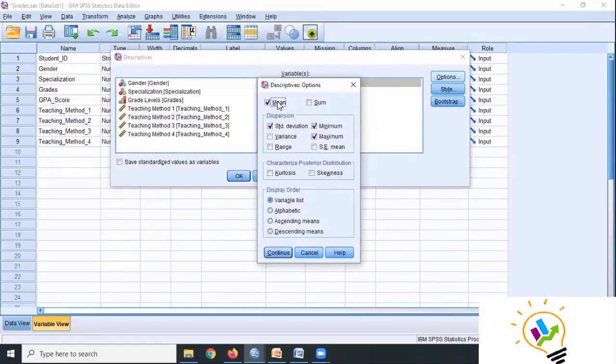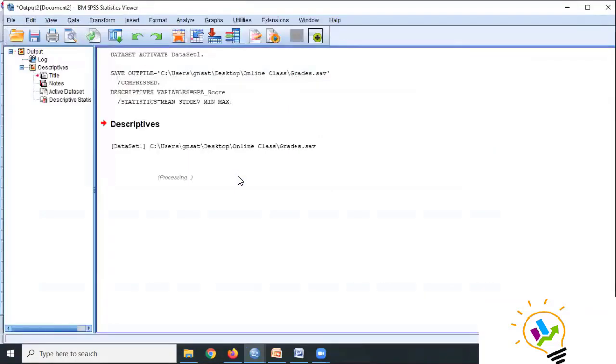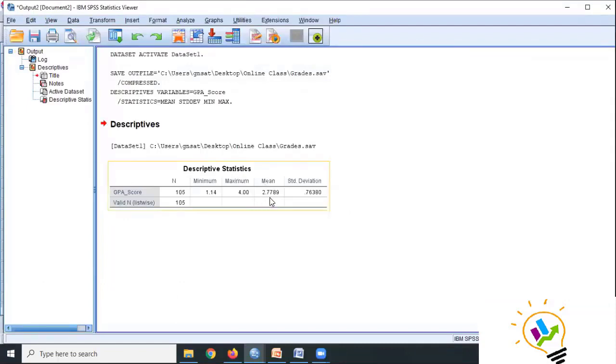We can check mean, standard deviation, minimum, maximum. Continue, and just click here. Here we got the mean and standard deviation. Mean of GPS score is 2.7789. Standard deviation is 0.76.